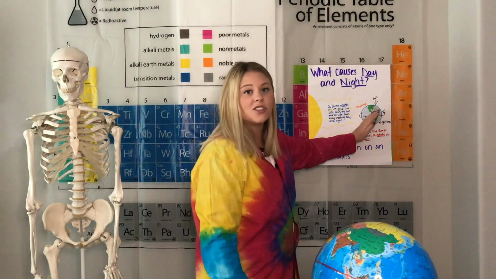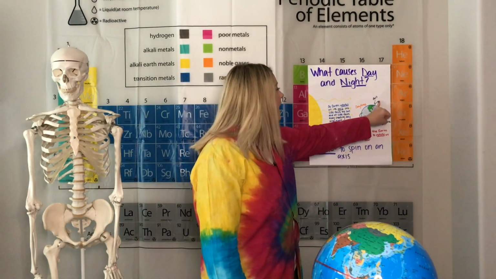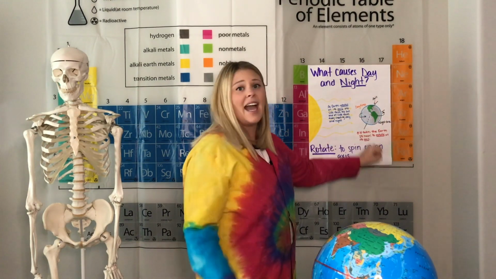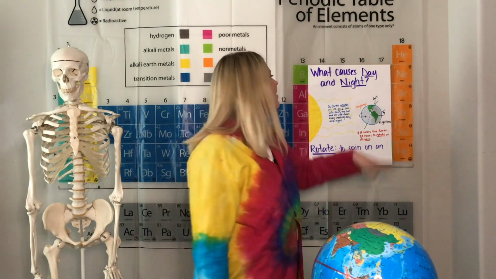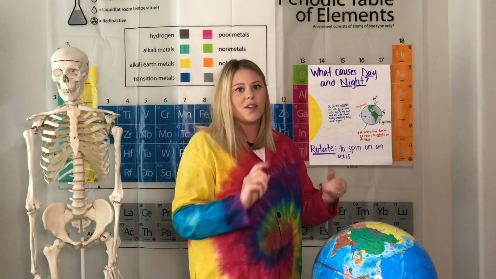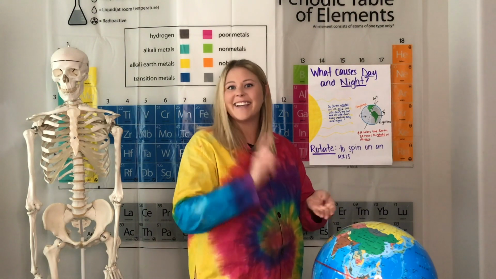You'll see back here on the chart I've created for us today, the axis runs straight through the center of Earth. And as I mentioned, since the Earth sits on a tilt, it's not straight up and down, it's shifted. We'll talk more about tilt next week. For today, we're just focused on rotation, axis, day, and night.